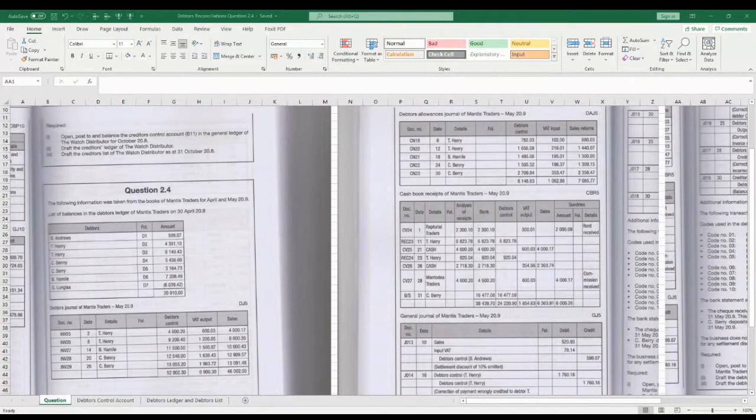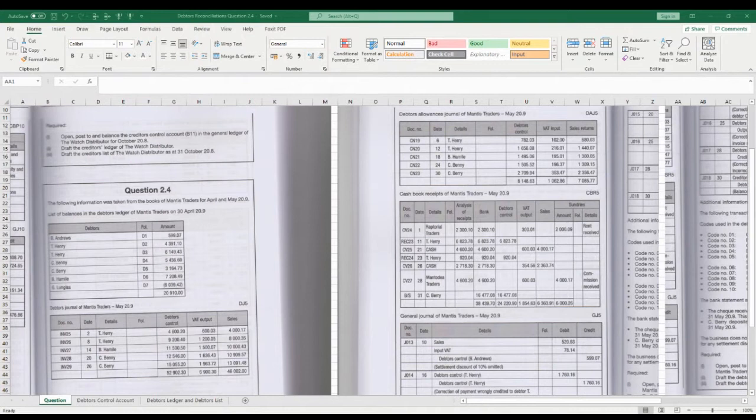Good morning, ma'am. Morning. I just want to understand if I get your question. Do you mean for the debtors control, what information are we going to use in terms of the opening balance, taking it from the list of debtors? Is that what you're asking?